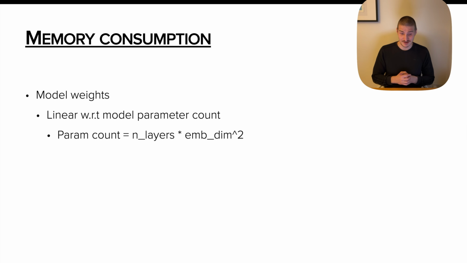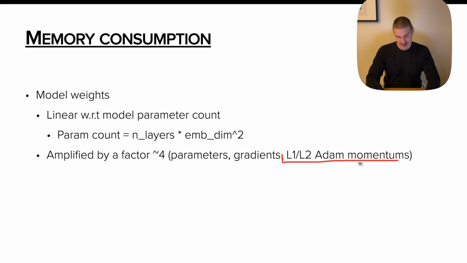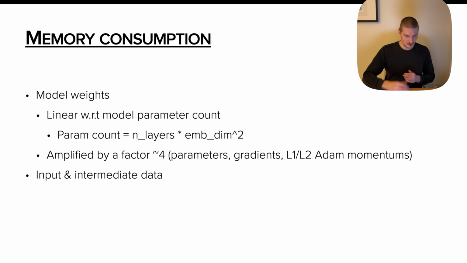So most of the matrices are square matrices in a typical transformer. So the number of parameters in one square matrix is embedding dimension squared. And apart from that, we also have this amplification factor of around 4, because in addition to storing the parameters themselves, we also need to store gradients, and most probably Adam momentums, L1 and L2, which get used by the optimizer, and all of that has to be stored in GPU memory.